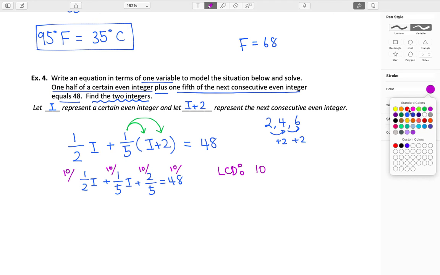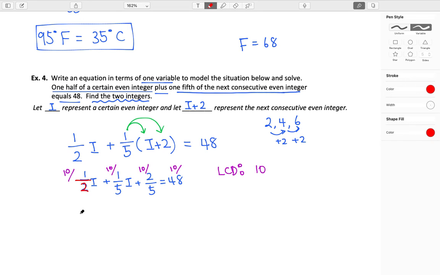So after you multiply, again, 10 divided by 2 is 5 times 1I, plus 10 divided by 5 is 2 times 1I, and 10 divided by 5 is 2 times 2, and there's no fraction, it's 10 times 48, 480. So we put everything together, so 5I plus 2I plus 4 equals 480.